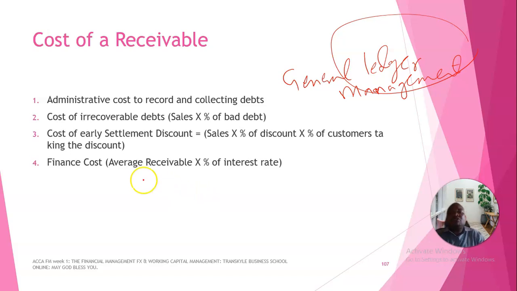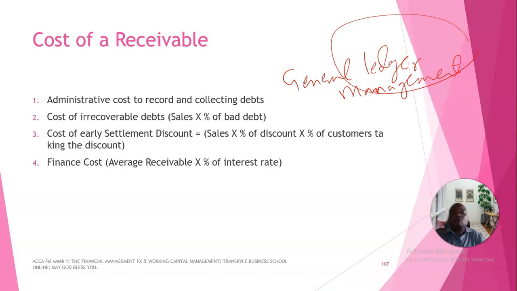Then there is the cost of irrecoverable debts. Some debts might not be recoverable in the end, so it's again a cost. Then the cost of the discount: if you give a discount, it is a cost, it is an expense. Okay, discount allowed, it's an expense.